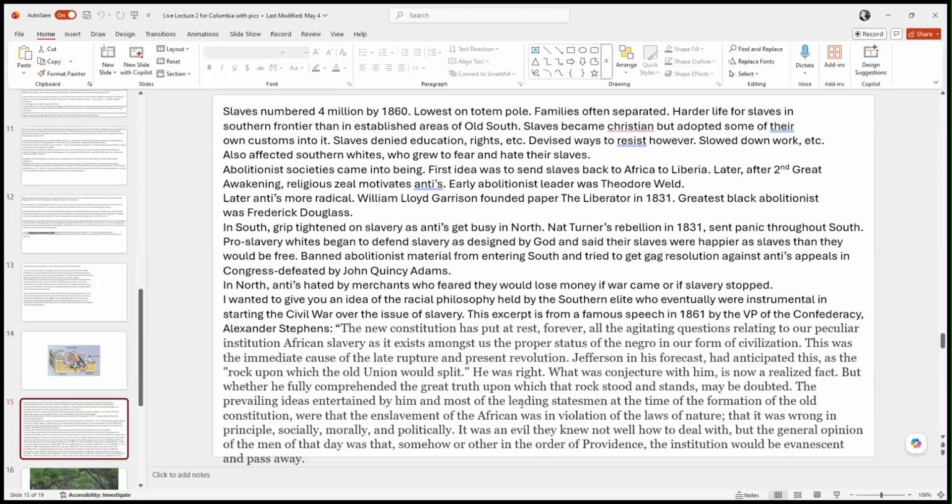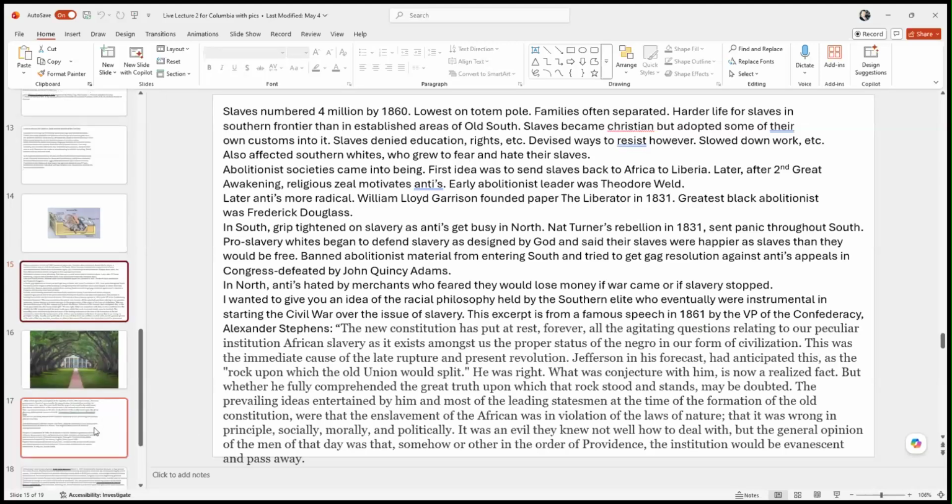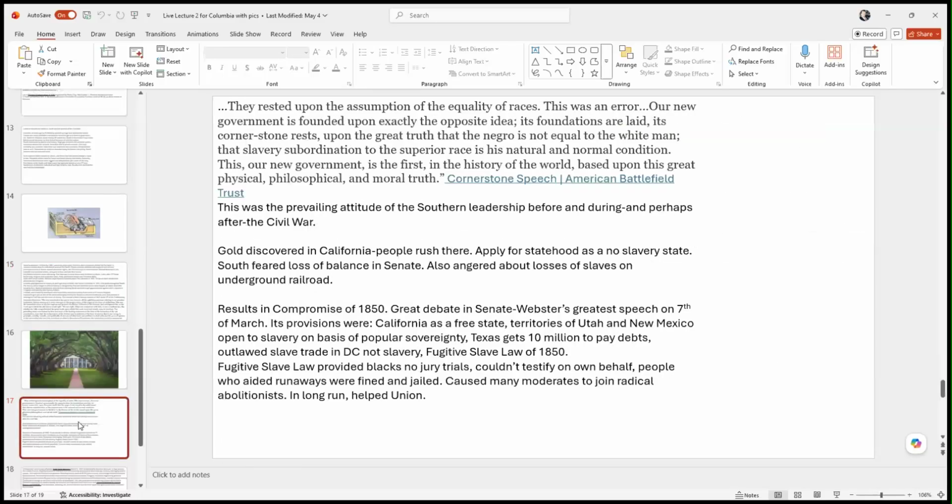And he goes on, and I want to get to the part that I really want you to hear. He said, "Those assumptions rested upon the equality of the races. This was an error. Our new government is founded upon exactly the opposite idea. Its foundations are laid, its cornerstone rests upon the great truth that the Negro is not equal to the white man, that slavery, subordination to the superior race, is his natural and normal condition.